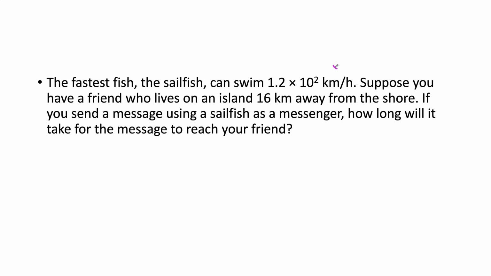Distance over time is going to equal velocity. So we have a velocity, and this is a distance, and we're looking for time. Our velocity is equal to change in distance over change in time.